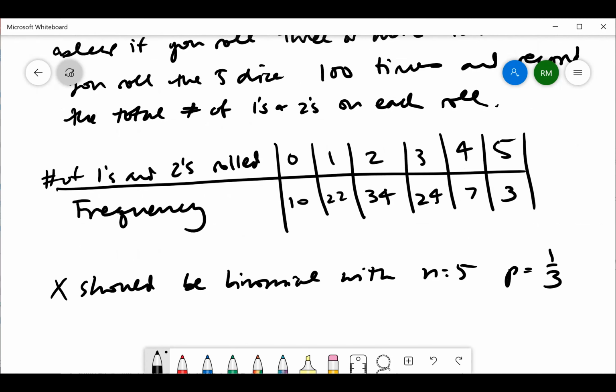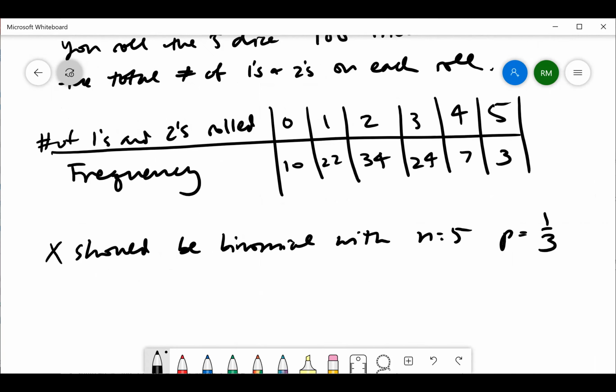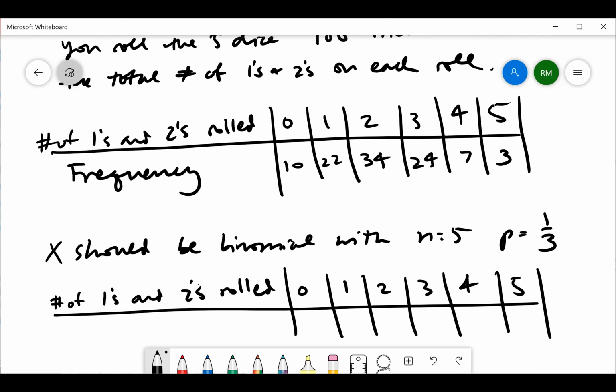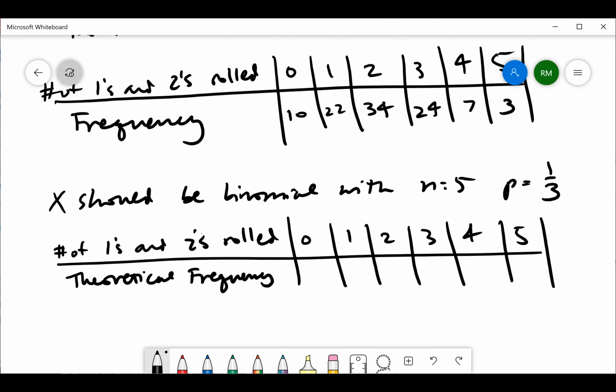So we produce the actual distribution. Here's the theoretical frequency, and the expected frequency on 100 rolls.